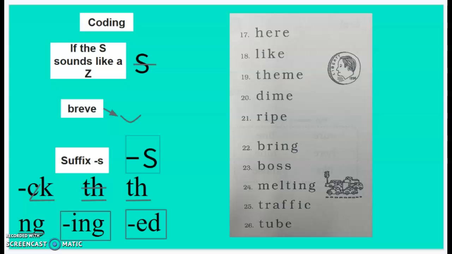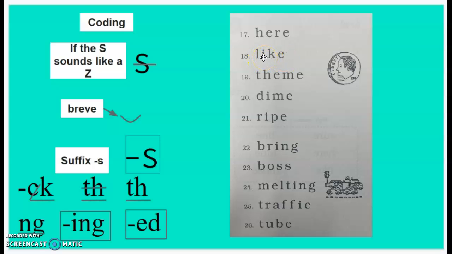It's the coding section, 17 through 26. Let's do 17 together. Here, ear. Let's put a macron above our E and cross out our tricky silent E. Number 18, like, L-I-K.